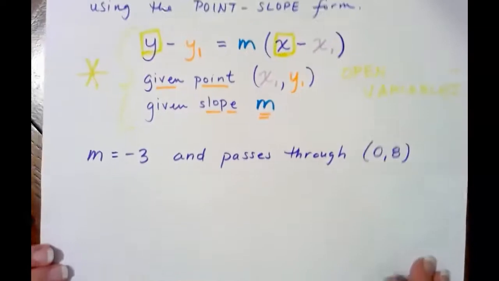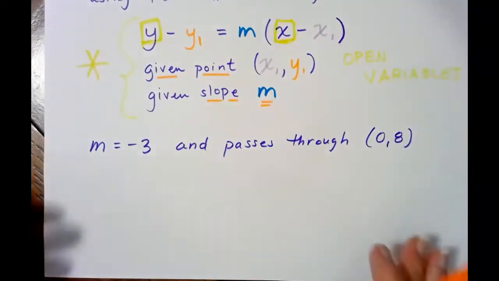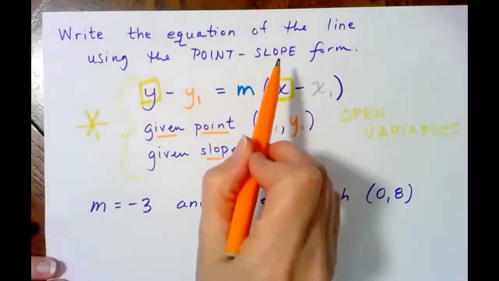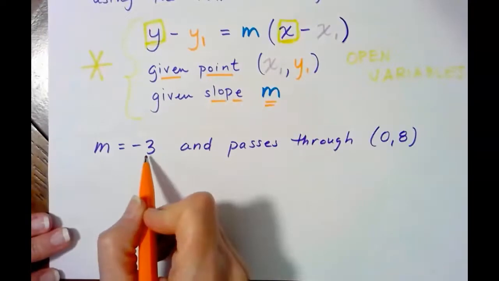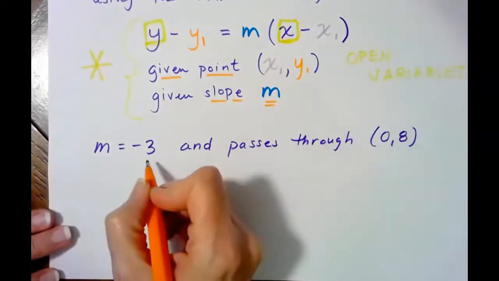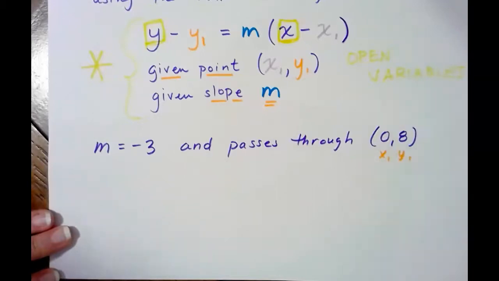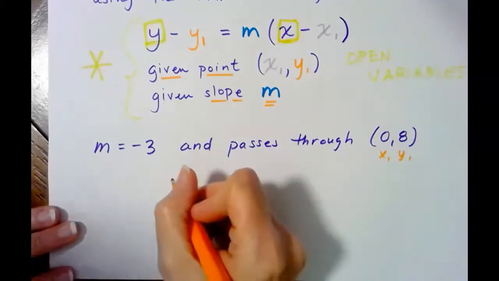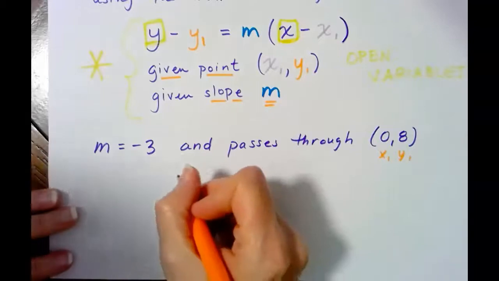So let's take a look at this problem that I have on the paper. Let's write the equation of the line using the point slope form. So we're given m and we're given a point. So this is your m, and of course this is your x1 and y1. So the point slope form. And if you will write it every time you use it, you will very quickly know it.